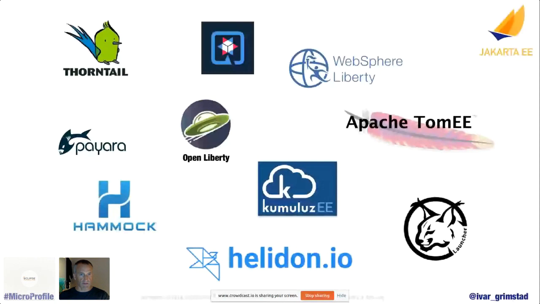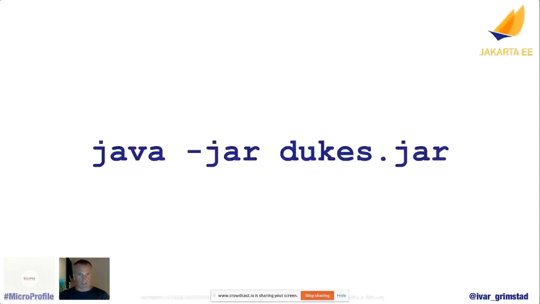One of the things that MicroProfile also gives us is the possibility of running our applications from the command line using java -jar and then our fat jar. This is familiar to people who use Spring Boot or other fat jar or uber-jar packaging mechanisms.